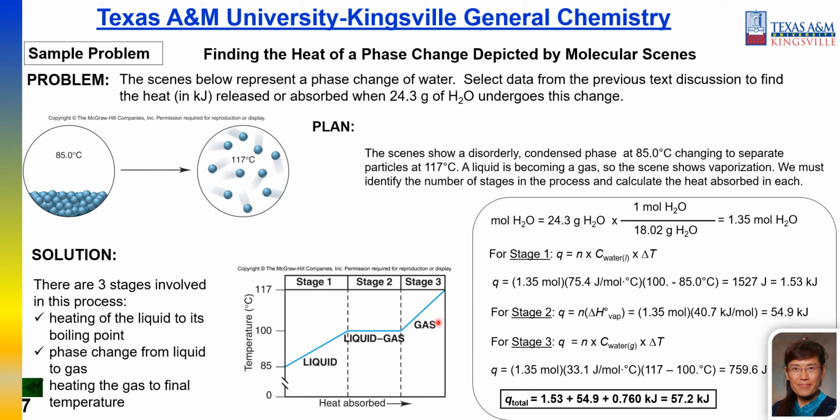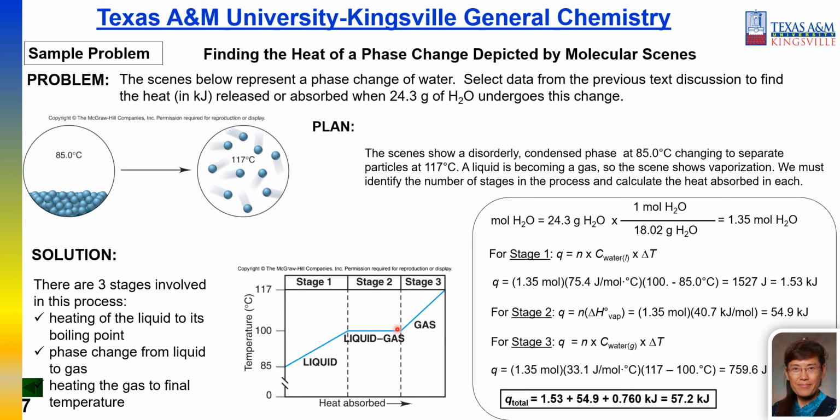The third stage is your gas temperature increasing. So the heat equals the moles multiplied by the heat capacity for the gaseous phase water, for the steam, multiplied by the temperature change. The moles, again, is still 1.35 moles. The heat capacity for your gas water, for your steam, is 33.1 joules per mole per Celsius.